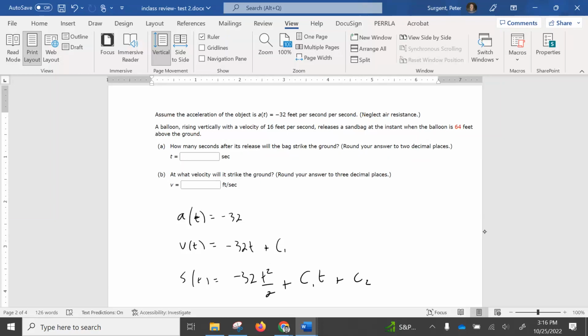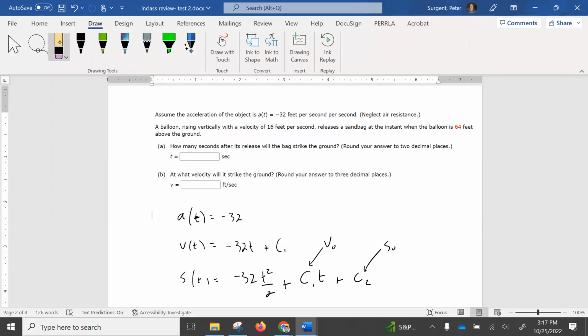And that should look familiar to us, only we gave this guy a special name, initial velocity. We gave this guy a special name, initial position, and 32 divided by 2, of course, is 16. So that's our approach, I think.